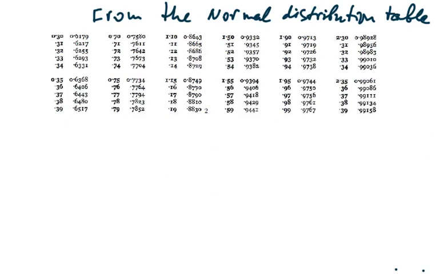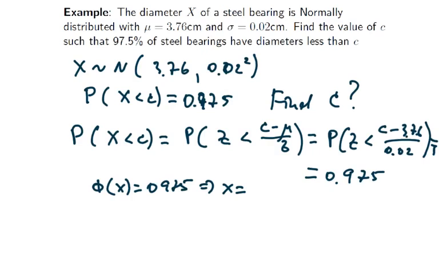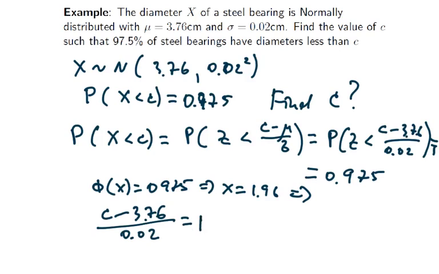This is the value of function capital phi, and this would be the value of x, 1.96. Therefore, from here we find x equals 1.96, and therefore c minus 3.76 divided by 0.02 equals 1.96.